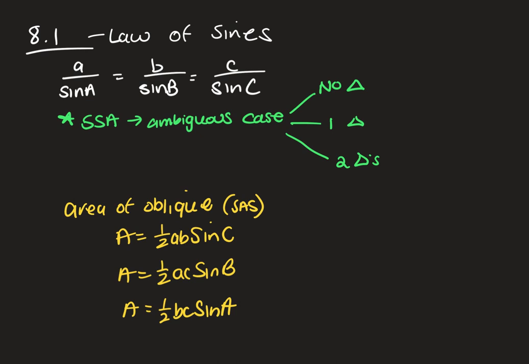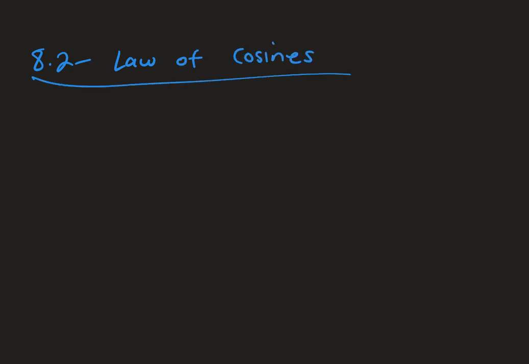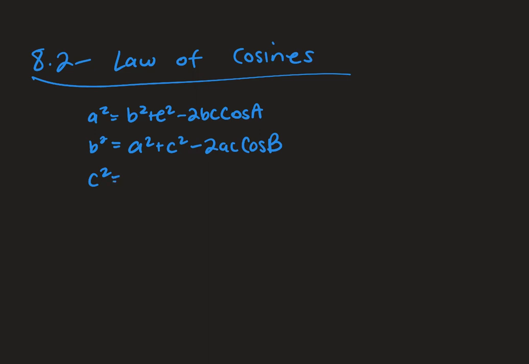Okay, and then 8.2 was law of cosines. There were two different types. One is where you're finding the sides: a squared equals b squared plus c squared minus 2bc cosine A. B squared is a squared plus c squared minus 2ac cosine B. And c squared is a squared plus b squared minus 2ab cosine C. These are all for side angle side.